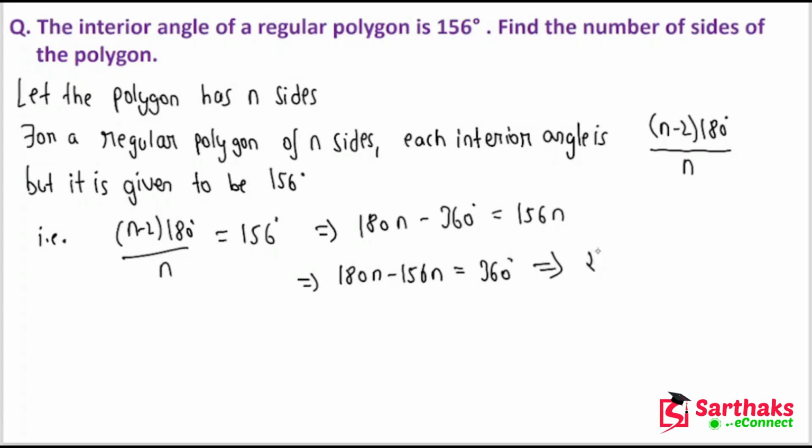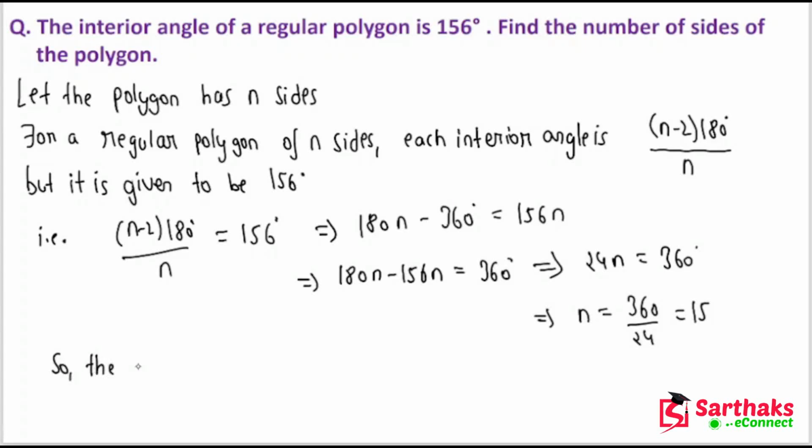Subtracting this, we will get 24n is equal to 360 degree. Now dividing both sides by 24, we would get 360 whole upon 24, which is equal to 15. Okay, so clearly the polygon has 15 sides.